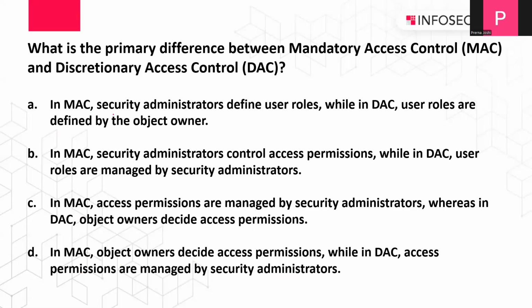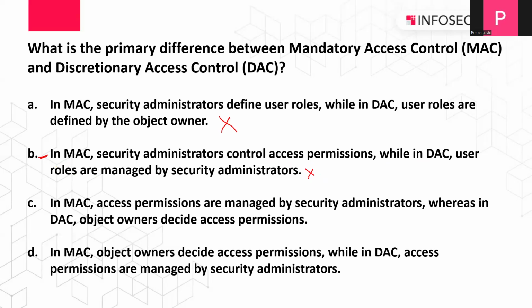The first one says that in MAC, the security administrator defines user roles, and in DAC, user roles are defined by the object owner. So no, this is not the one. The second one says in MAC, the security administrator controls the access permissions, which is correct, but in DAC, user roles are managed by the security administrator, which is wrong.